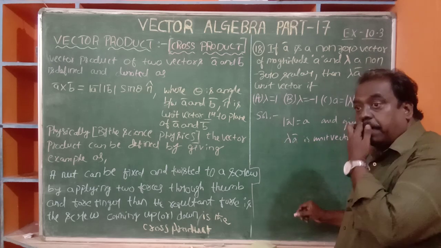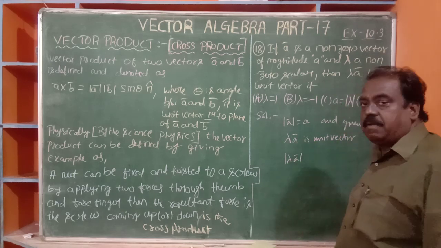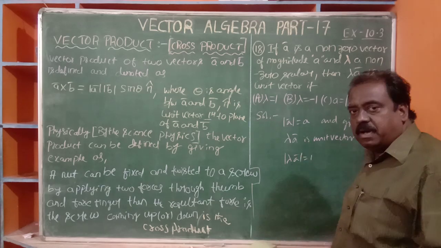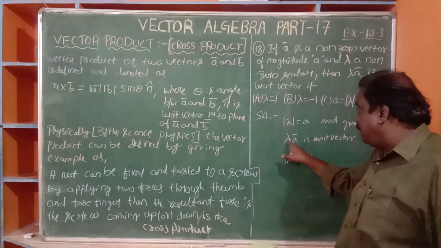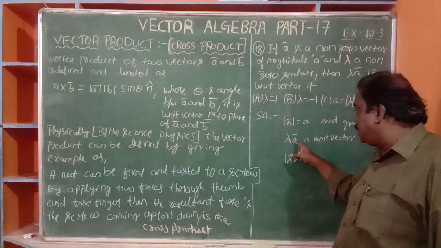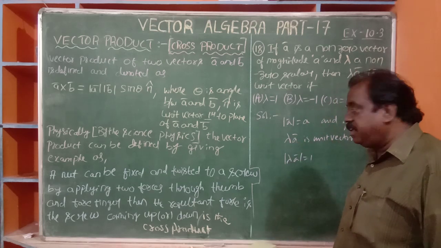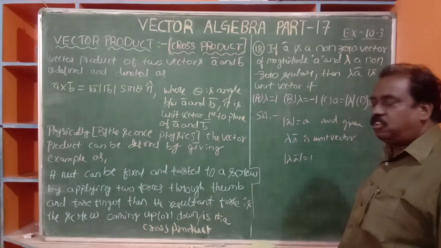That means modulus of lambda A bar is equal to 1. Not simply A bar is a unit vector. Lambda A bar, the multiplication of vector A bar with a non-zero scalar lambda, is a unit vector. So its length is 1.